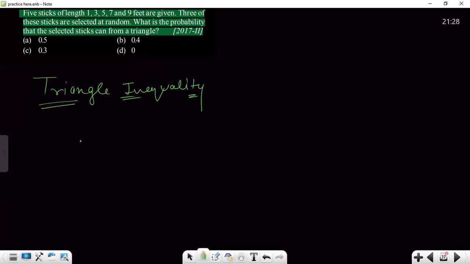The condition is that the sum of any two sides of a triangle should always be greater than the third side. When I refer to a side, I am referring to the length of the side. So this is the condition for making any triangle, and this condition is known as the triangle inequality.